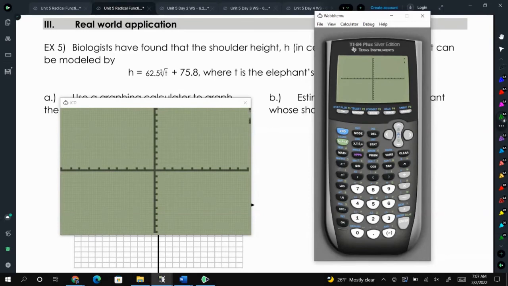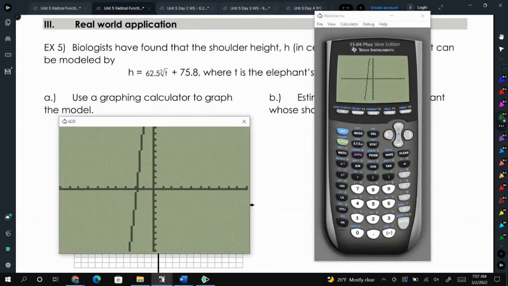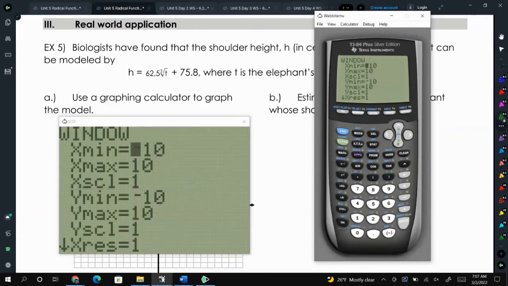Now the graph is going to go off our normal screen a little bit, and that should make sense because, look, we have a k value of 75.8, and if we take a peek at letter B, we want the y max to be at least 200, so let's go 250.